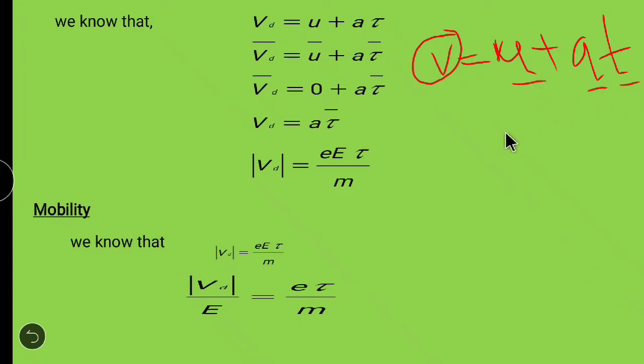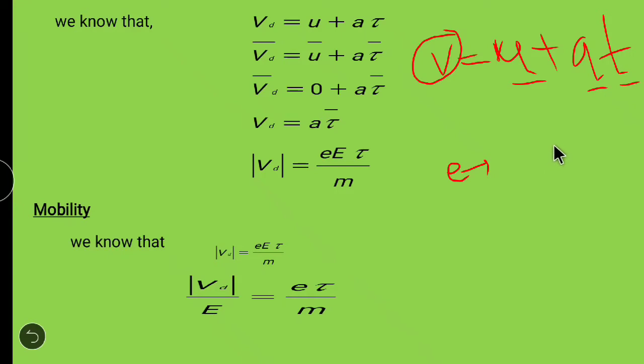So students, let us again focus on one electron. So this is the electron. Just after collision, it starts moving, and it will move till it again collides.